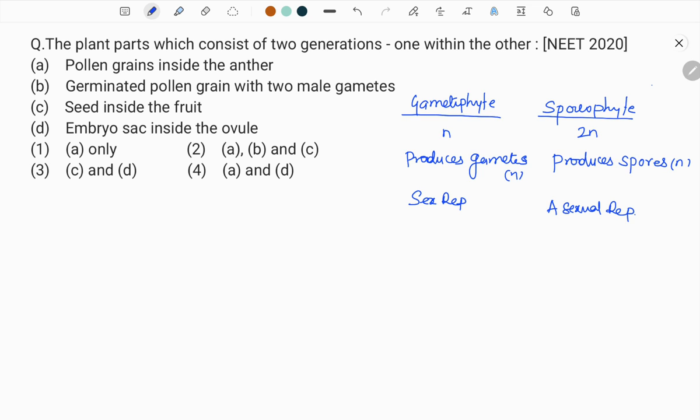Now let us see how gametophyte is formed, how sporophyte is formed. See here, gametophyte produces, I told you, the two gametes, the male and female gamete. This is female, this is male gamete. The two gametes will fuse, what we call fertilization.